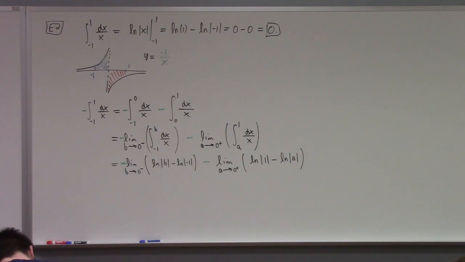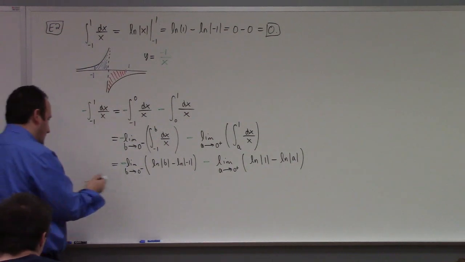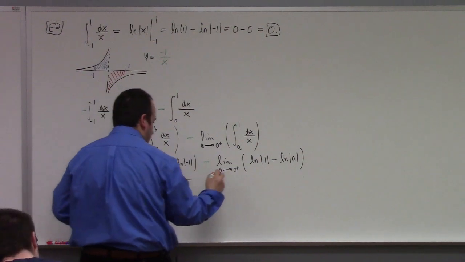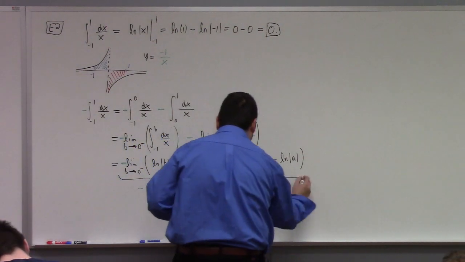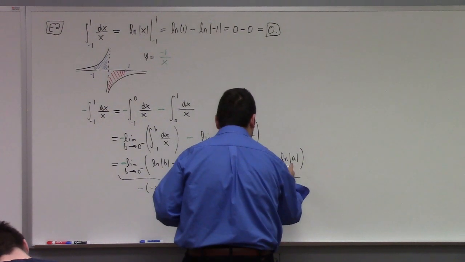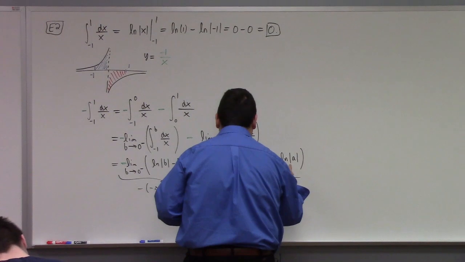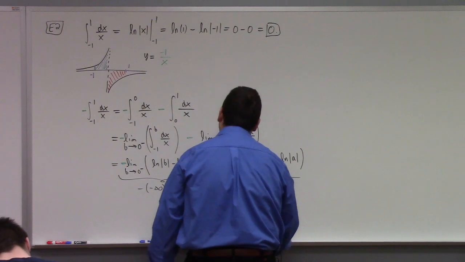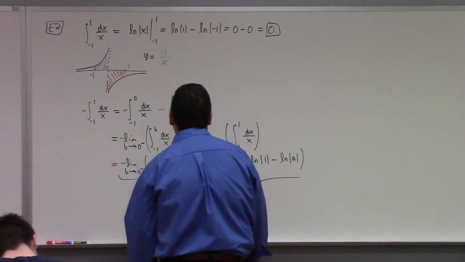So the first one, natural log of b, works out to -infinity. So this first term altogether is like minus a minus infinity. And this last bit here is like minus a, what we got here?